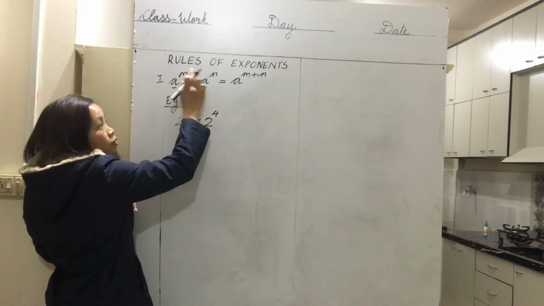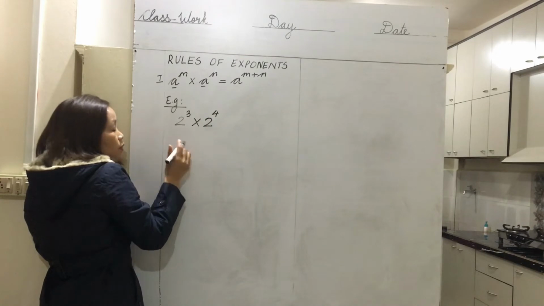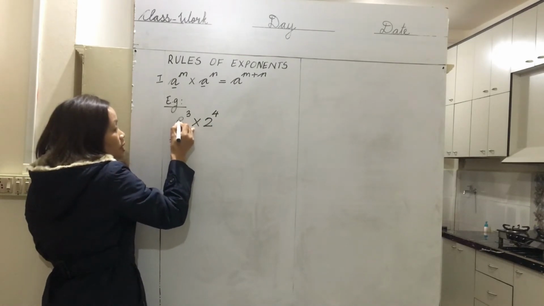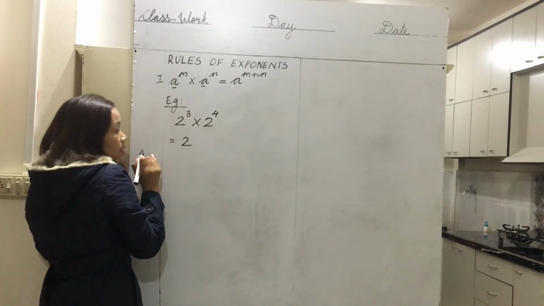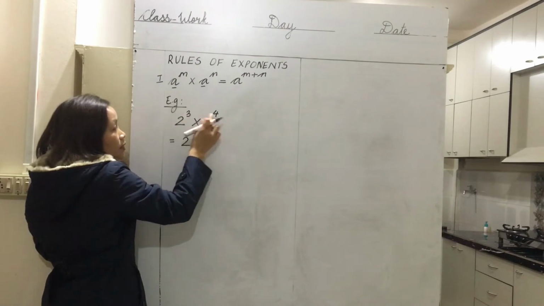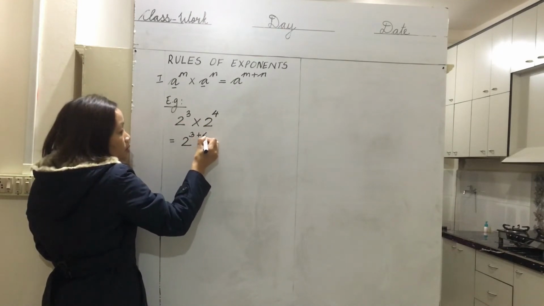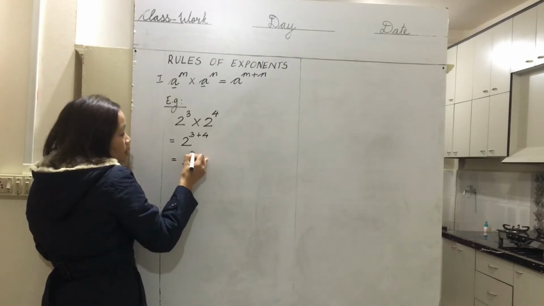according to the rules of exponents, this is how we do it. We take the base for one time. Then we will add their powers. The first power is 3, the second power is 4. Then what do we get here? 2 to the power 7.